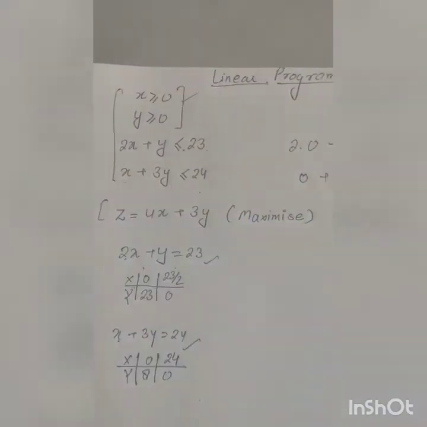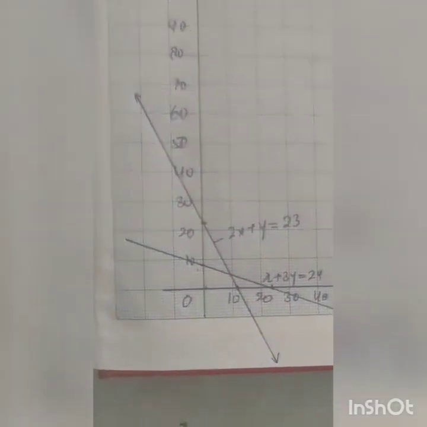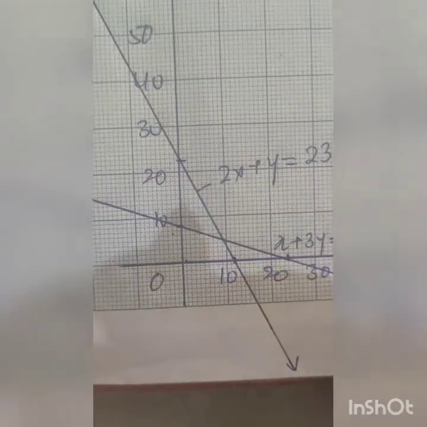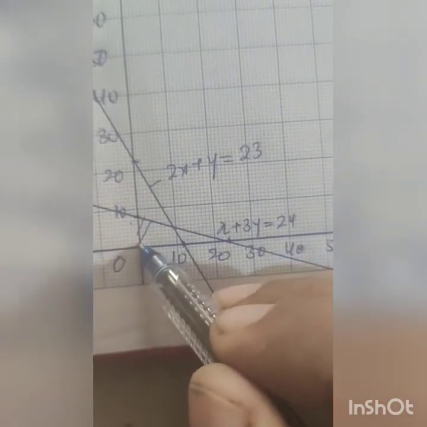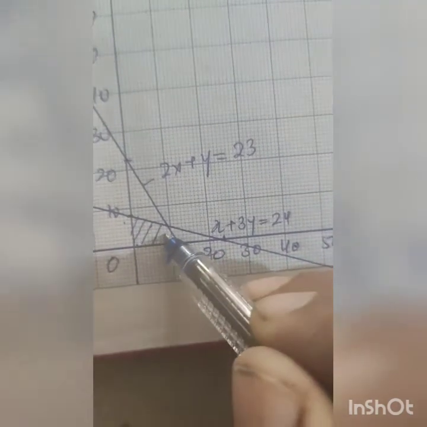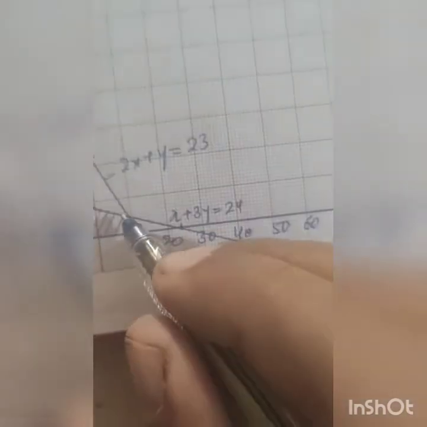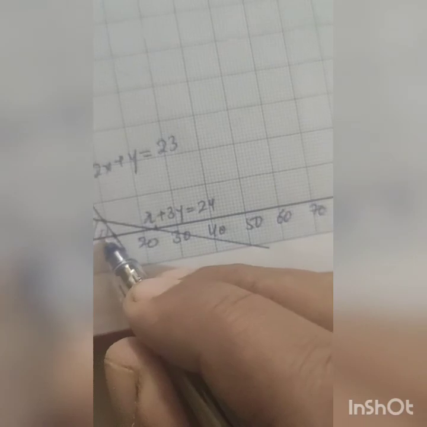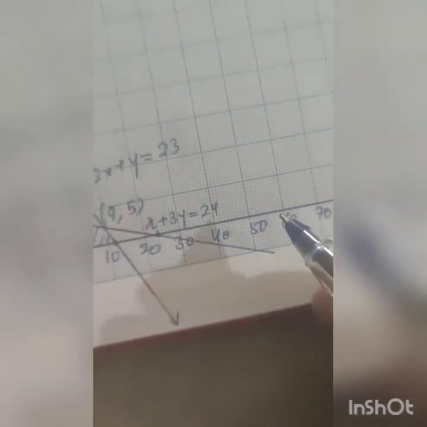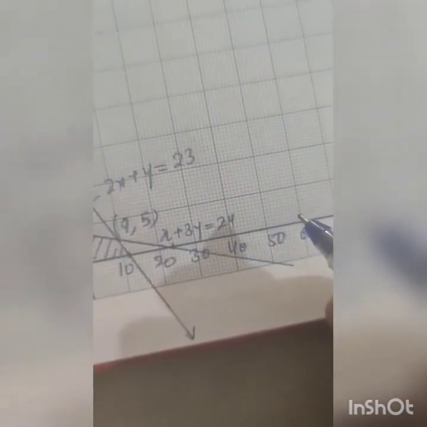True means the shading will be towards 0, 0. So the shaded region will be this, and this intersection point is 9 and 5.